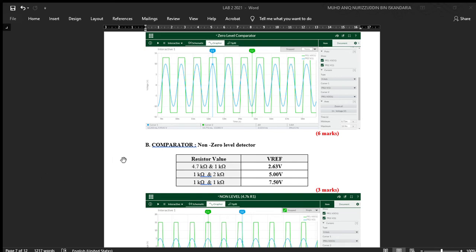We have two types of summing amplifier. One is unity gain, where the resistors are R1 is 10 kilo ohm, R2 10 kilo ohm, and also R3 10 kilo ohm, and R2 is the RF.